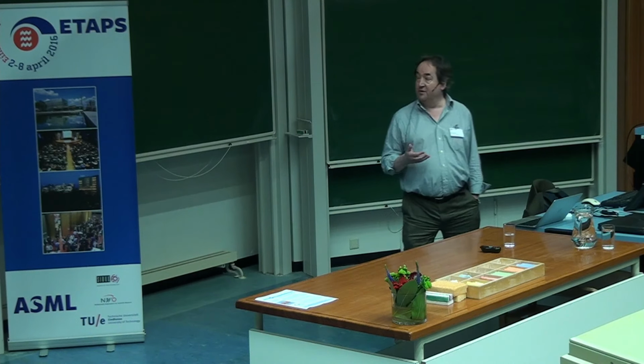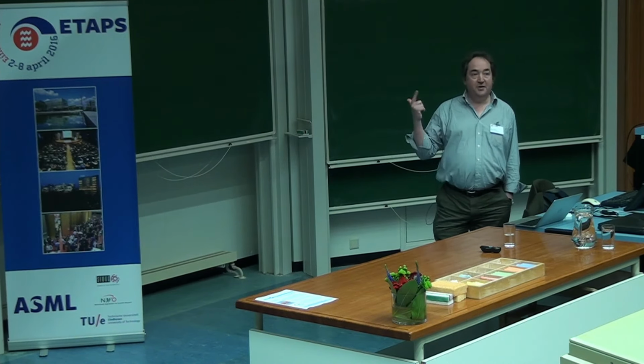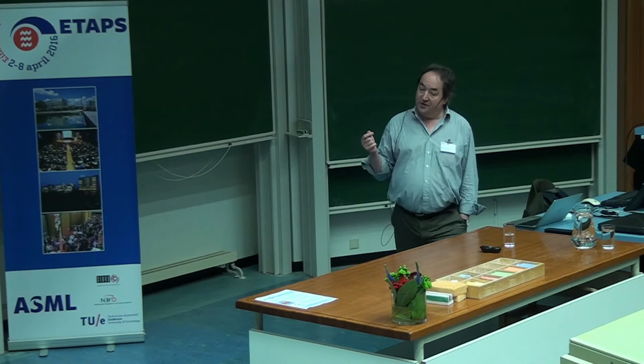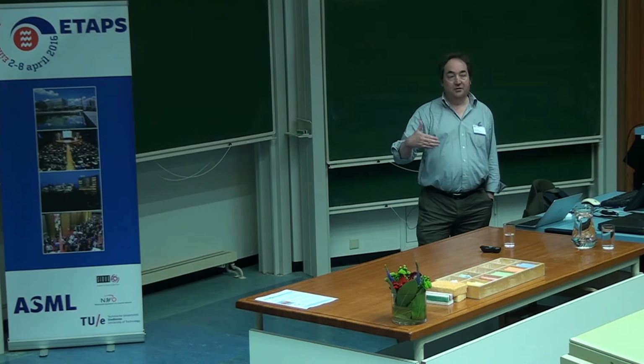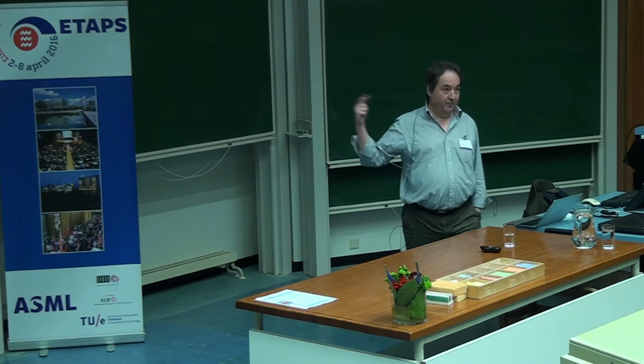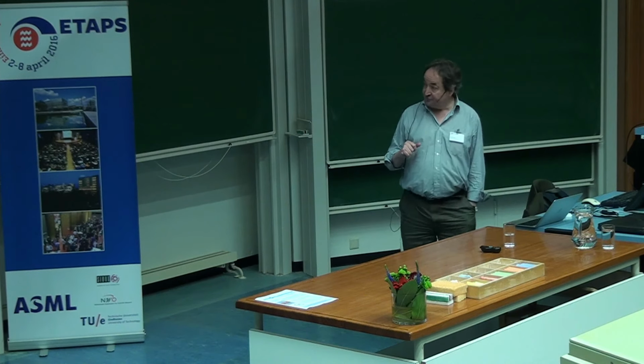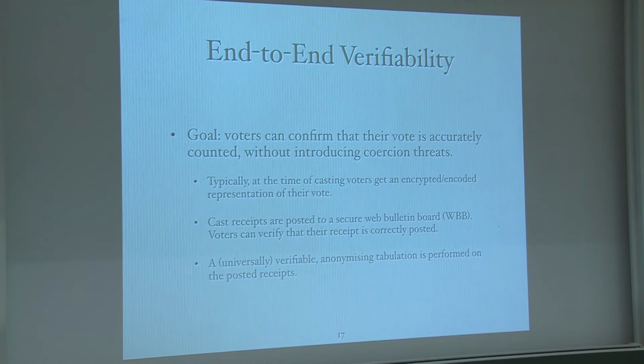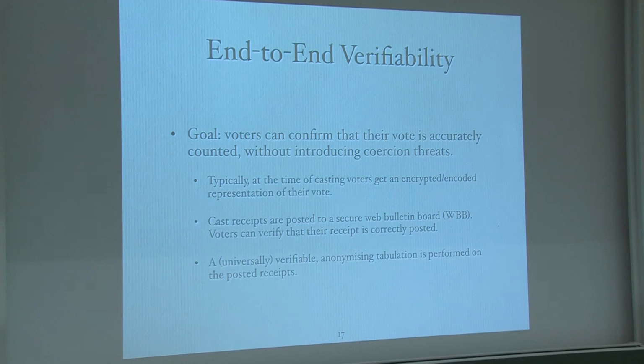The point is that once the election ends, all of these encrypted receipts should be posted to a so-called secure web bulletin board. Again, I'll say a little more about what that is later. The basic idea is this should be publicly visible to everyone, everyone should have a consistent view of it, it should be append only, and anything posted should stay there.